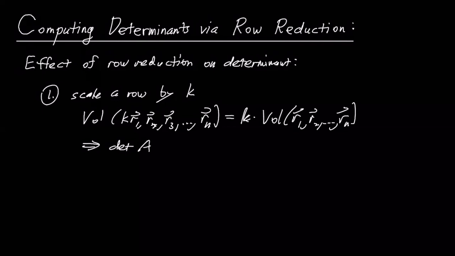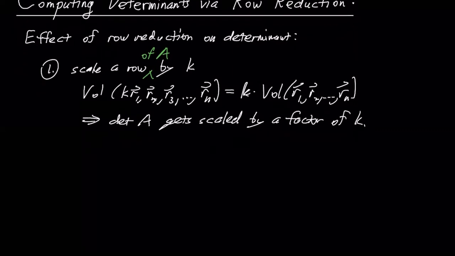So say we scale a row of the matrix A. The determinant gets scaled by a factor of k. We multiply the determinant by k. Okay, so that's the first effect. If we scale a row, we just multiply by the same factor.